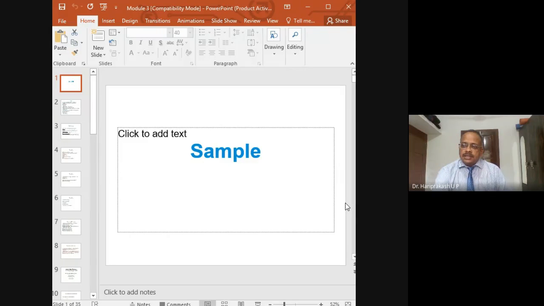Sample means a small portion of the population. So sampling is a procedure in research. So we'll be discussing various aspects related to sampling in research methodology in today's session.